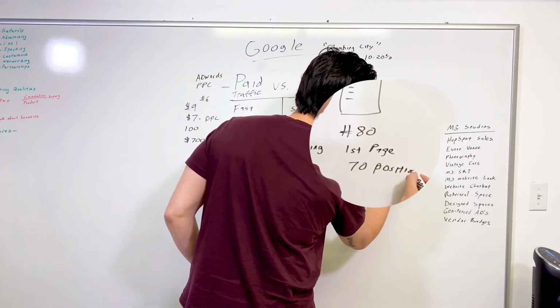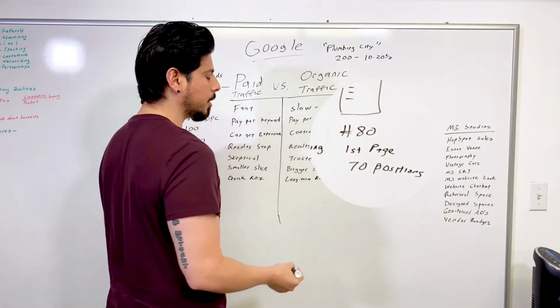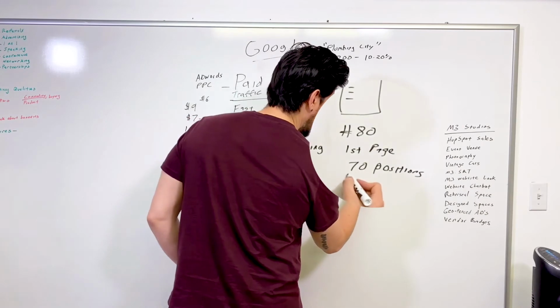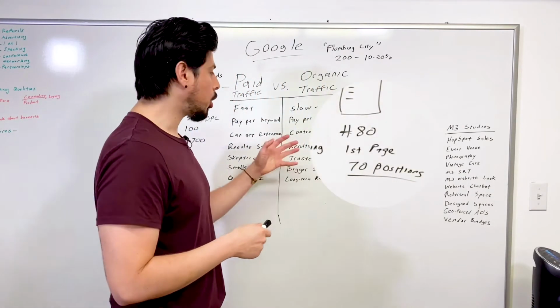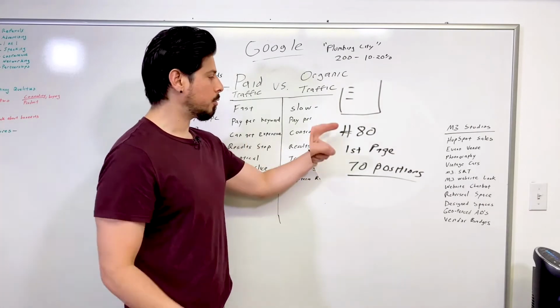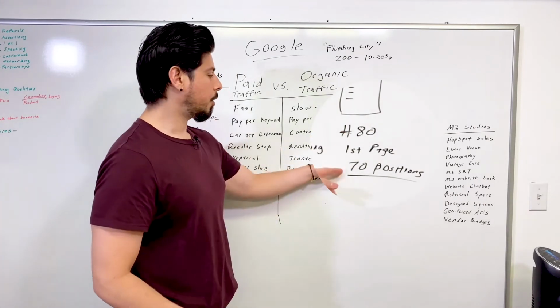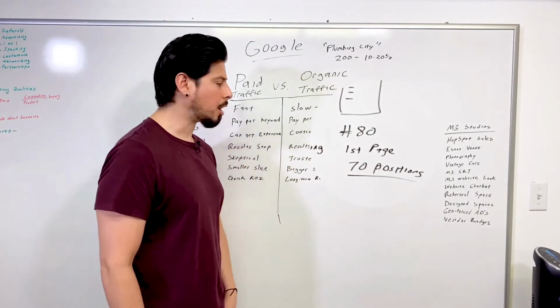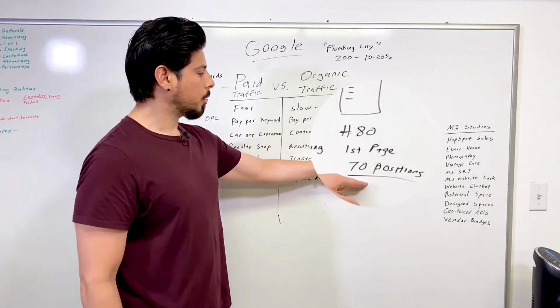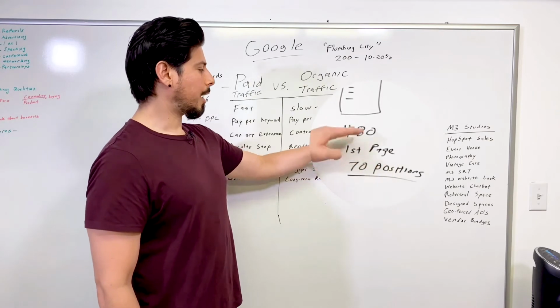What that means is you have to knock out 70 other businesses, other websites that are currently showing up in front of you, for you to actually make it into the first page. You have 70 competitors you have to knock out. So it can be very slow to start climbing up the ranks.